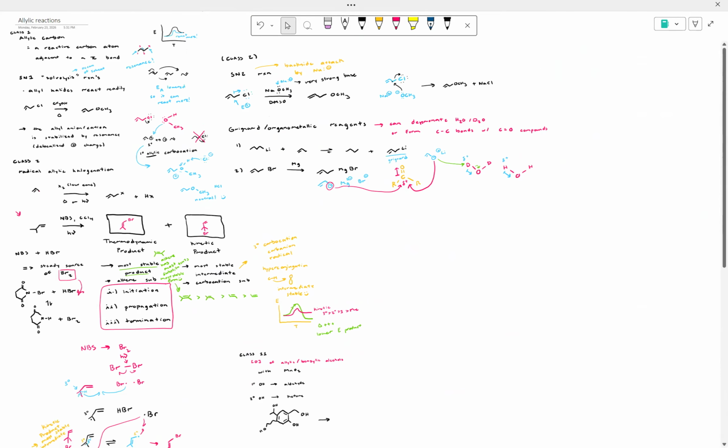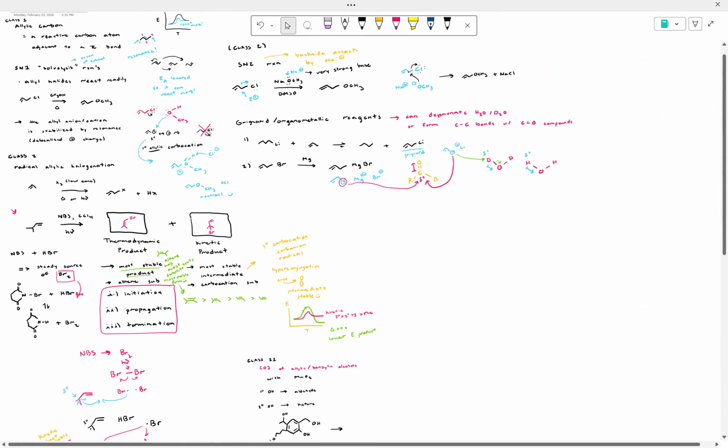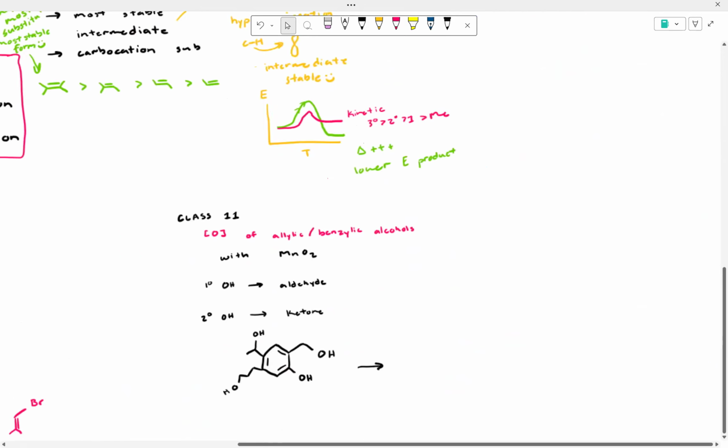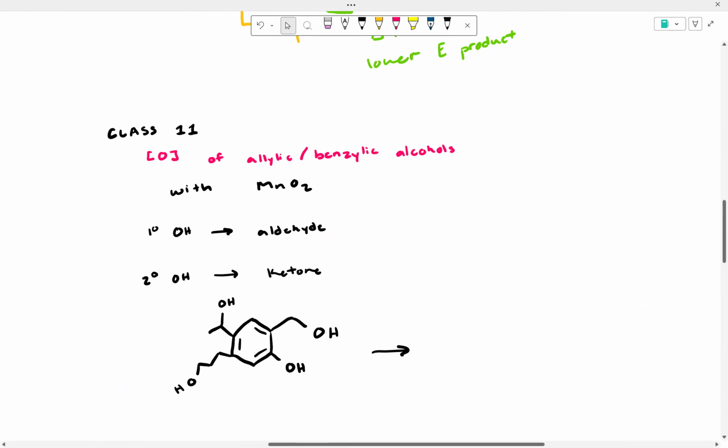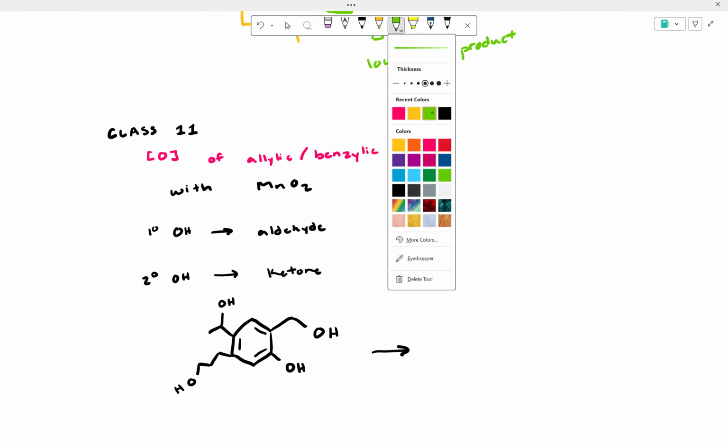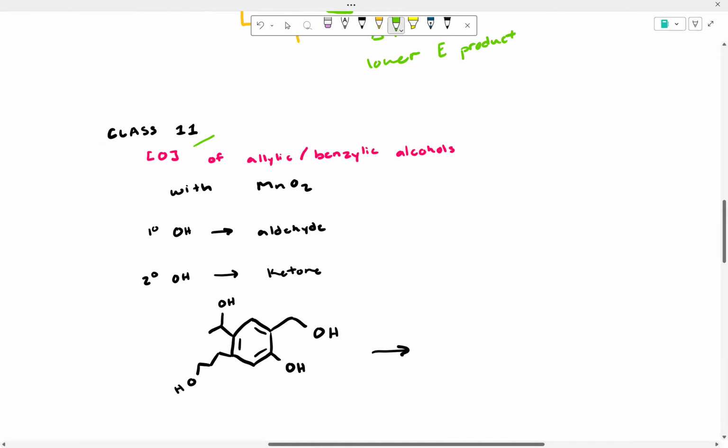Let's see. The next thing I wanted to cover was the oxidation of allylic benzylic alcohols with manganese oxide. So what will happen is primary alcohols turn into aldehydes and our secondary alcohols turn into ketones.